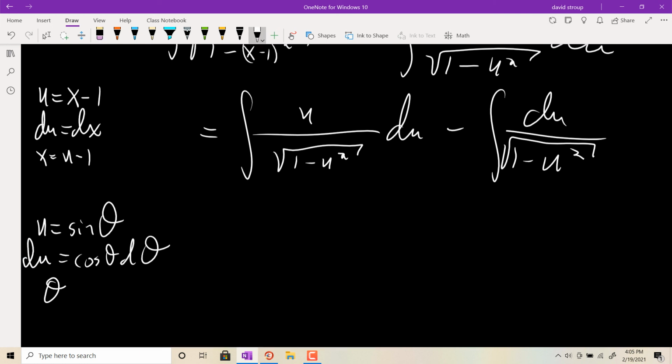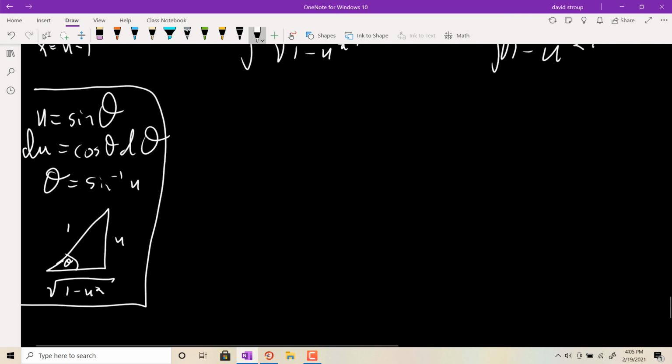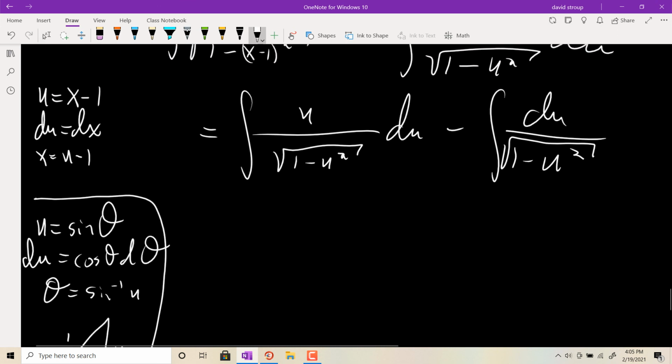Right, so theta is equal to sine inverse of u. And then we have our triangle. So you think of u as u over 1. So opposite over hypotenuse. This will be the square root of 1 minus u squared. For future reference. Okay, so going back to the integrals then, I have sine theta in the numerator.